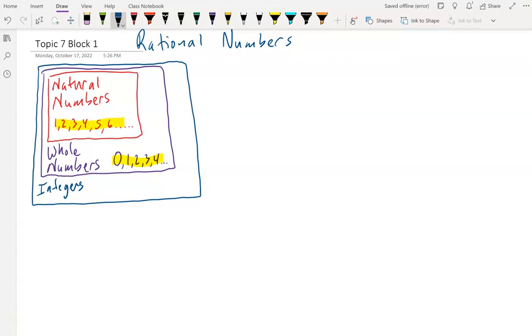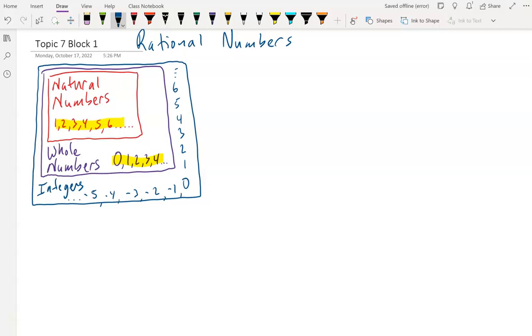So where we had 0, and we have 1 and 2 and 3 and 4 and 5 and 6 and so on, we also have negative 1, negative 2, negative 3, negative 4, negative 5, and so on in that direction too. So those are all our integers.